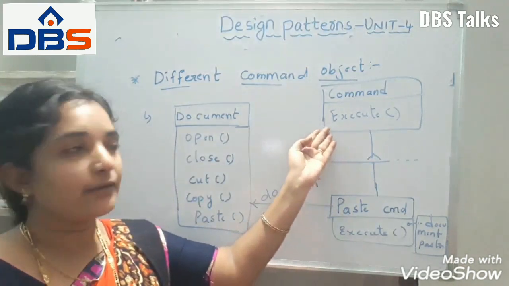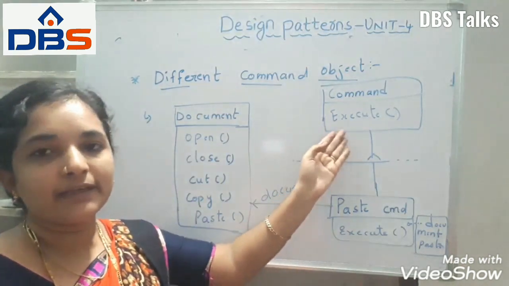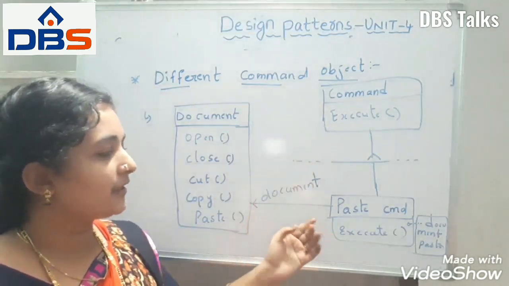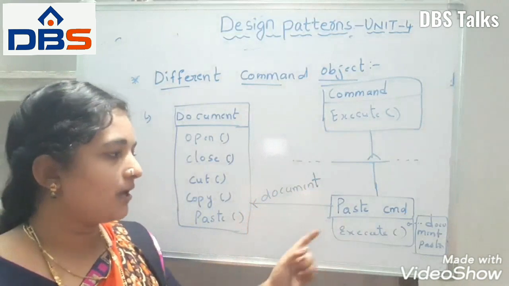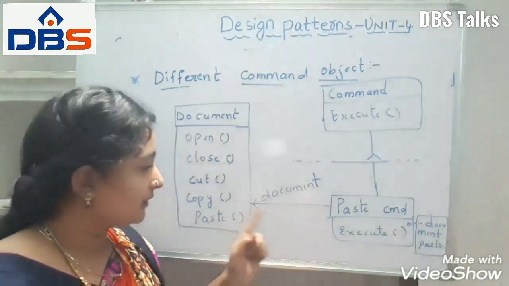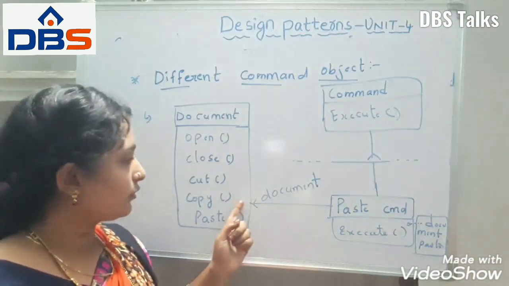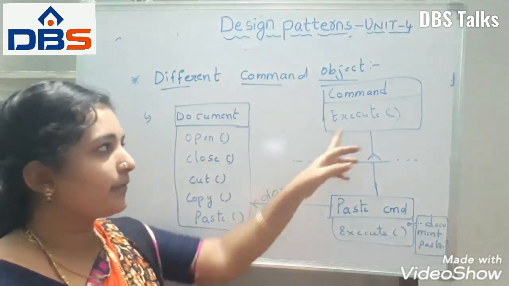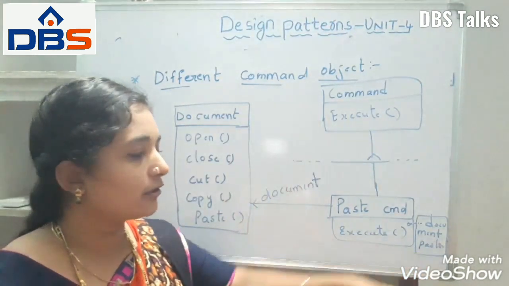The request comes from this command, and the command will be executed. For example, here I am giving the paste command. The paste command gives the request to the document method, it calls the paste method, that is executed here, and after that the document is pasted.